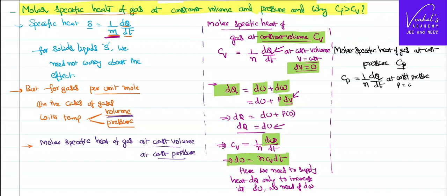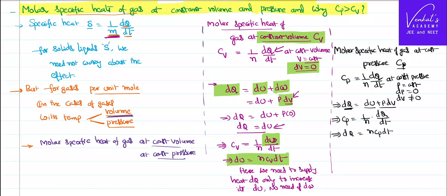Be careful, pressure is constant, change in pressure is 0, but volume is not constant, so change in volume is not 0. As per the first law of thermodynamics, dQ is dU plus dW, which is PdV. So neither the second part nor the first part becomes 0. So dQ is dQ itself. Therefore, Cp can be written as 1 by n dQ by dT. That implies dQ can be written as n into Cp into dT.